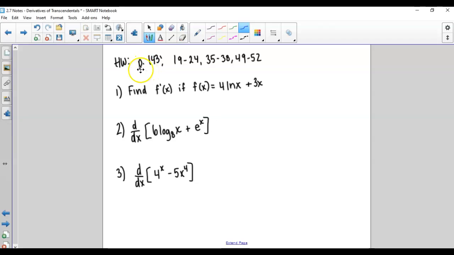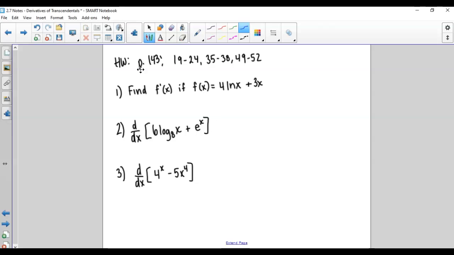Okay, so for your assignment, you have several problems that you're going to do. You are going to look at page 143, 19 through 24, 35 through 38, and 49 through 52. And so for 19 through 24, those are just finding a derivative. You've got transcendental functions that you're going to be dealing with there.